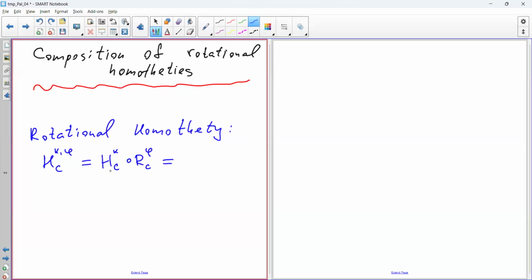Technically I read it incorrectly, because it would be first rotation, then homotheity, and actually there is no difference in that. We can see and prove easily that these two things commute as soon as they have the same center. So we can change the order here.